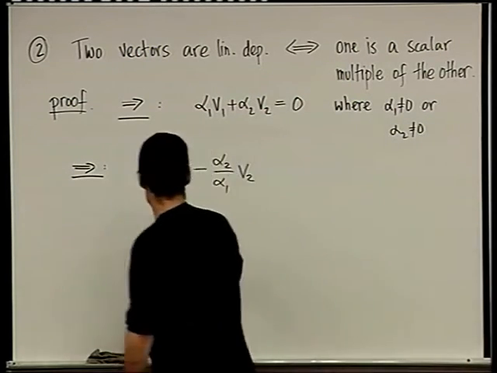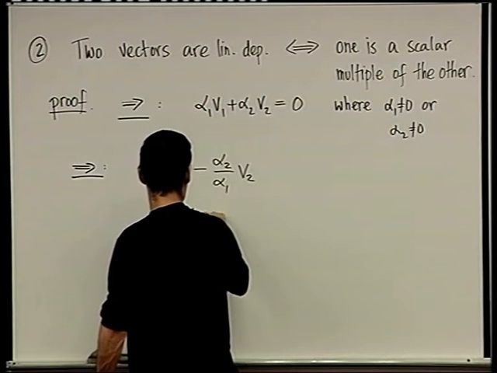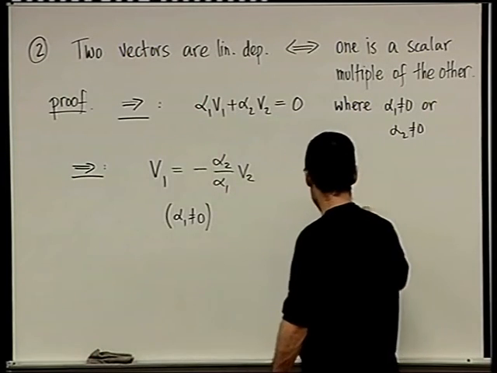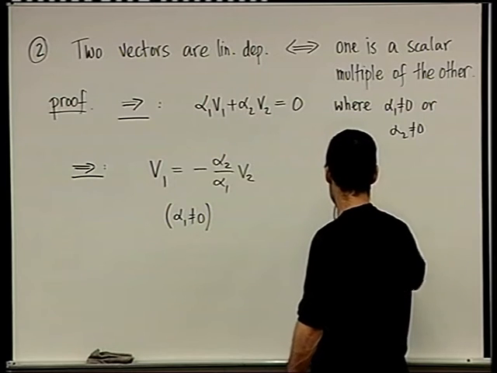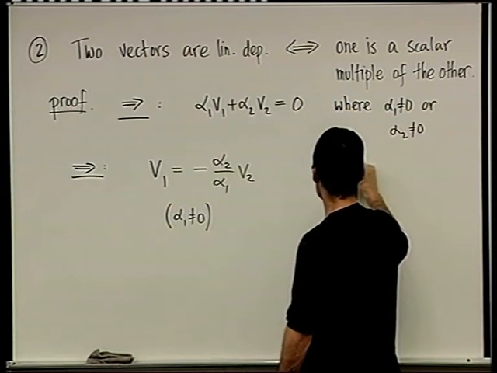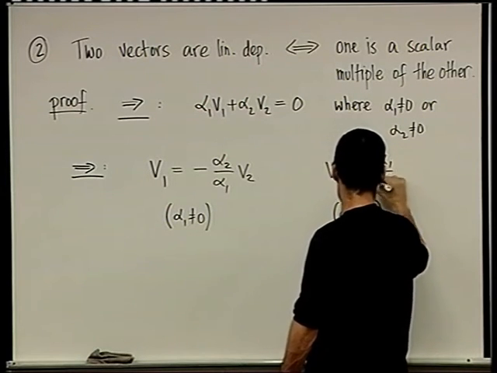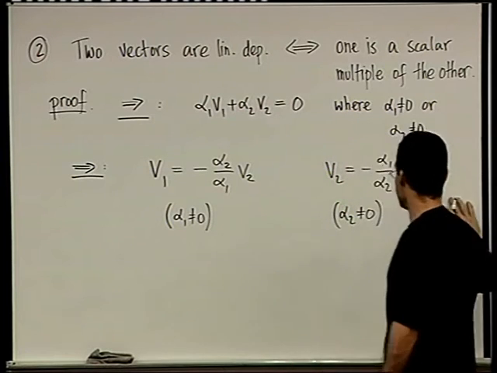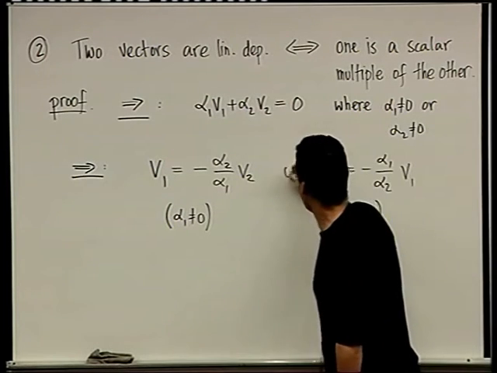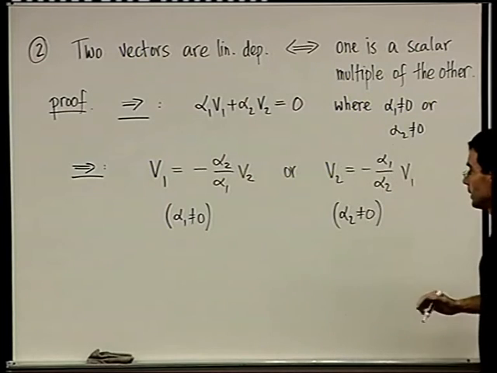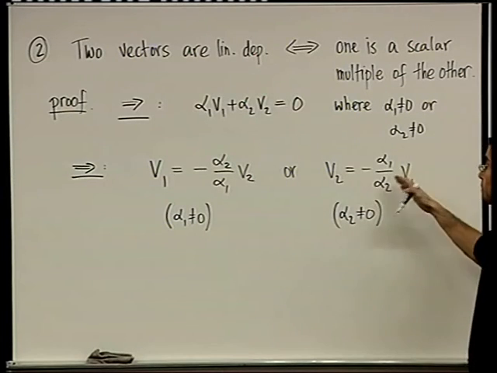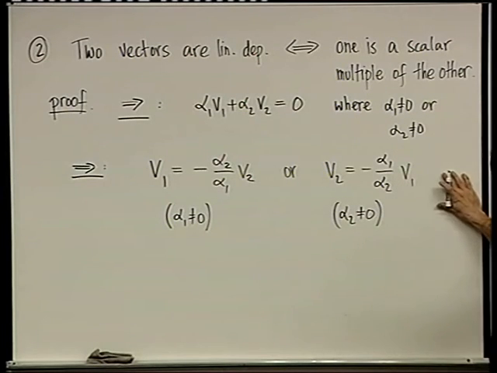And if alpha 2 is not 0, we can write v2 equals minus alpha 1 over alpha 2 v1. So there's an or here. So in this case, v2 is expressed as a scalar multiple of v1.